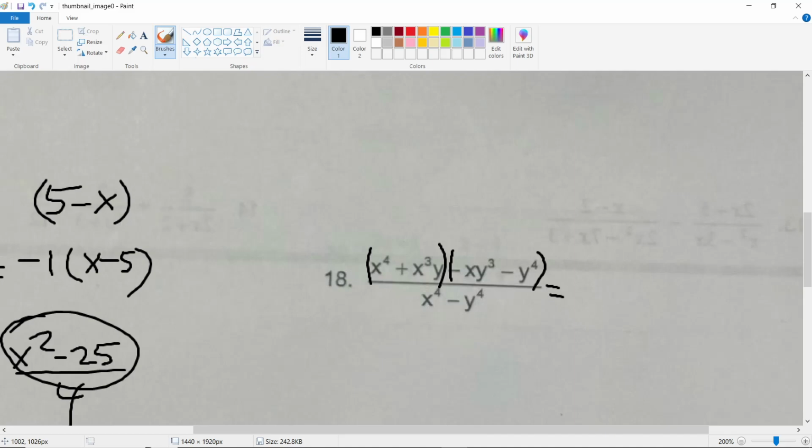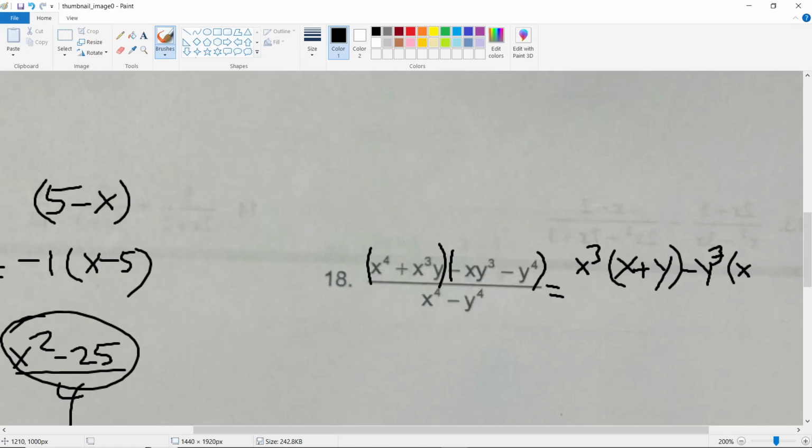But okay, so on the left side, I can factor out x cubed. And I'm left with x plus y. On the right side, I'm factoring out negative y cubed. And it leaves x.